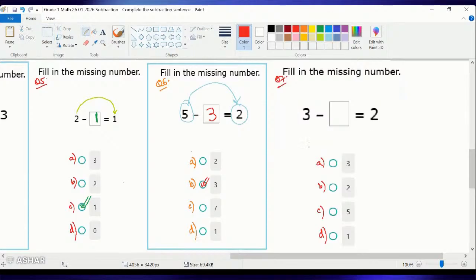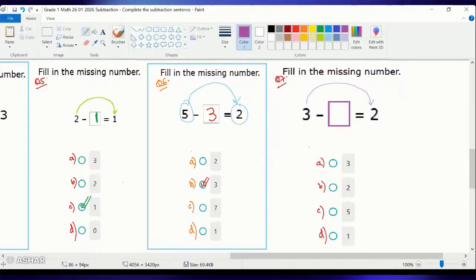Rather than trying to find the number, what we do is 3 minus 2 should be equal to this number. So what is 3 minus 2? 3 minus 2 would be equal to, yes, thank you.